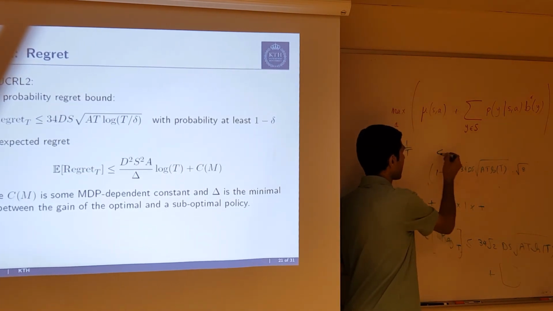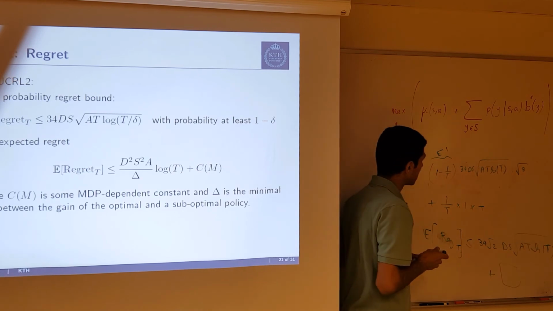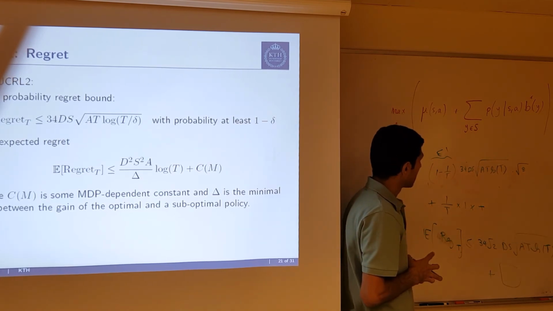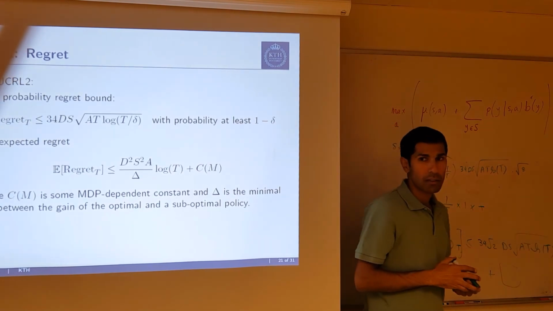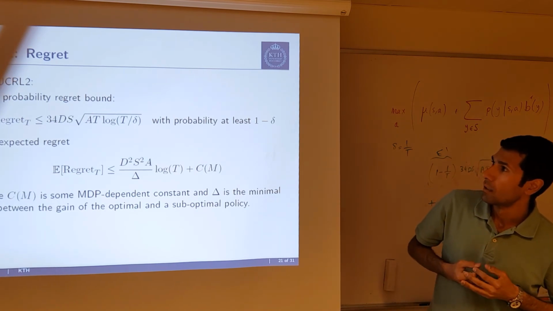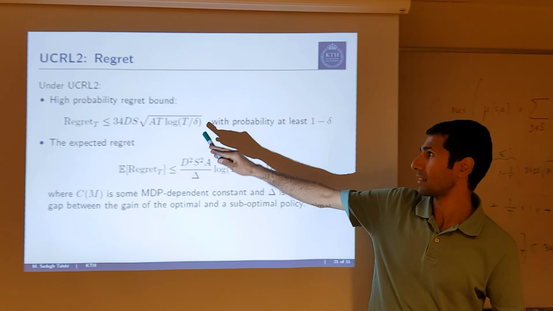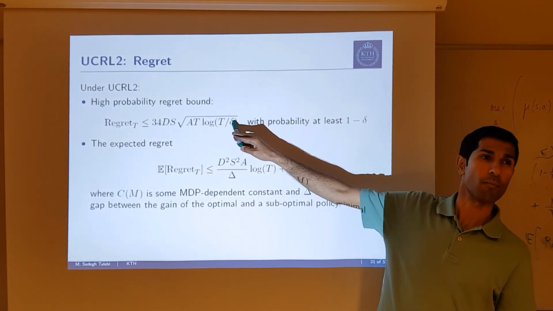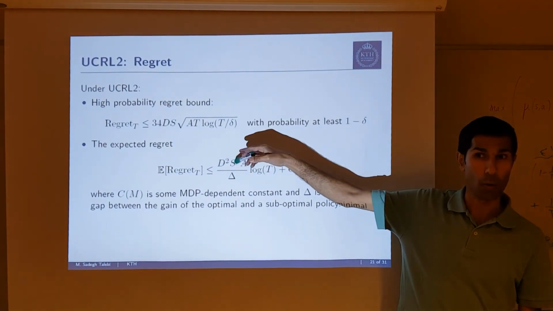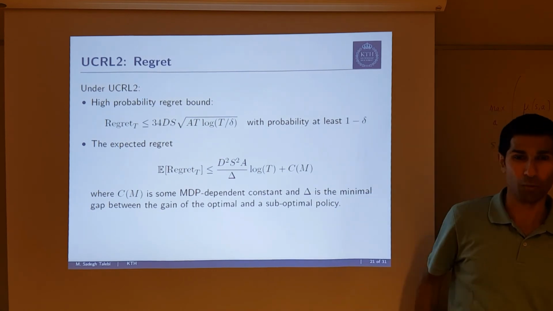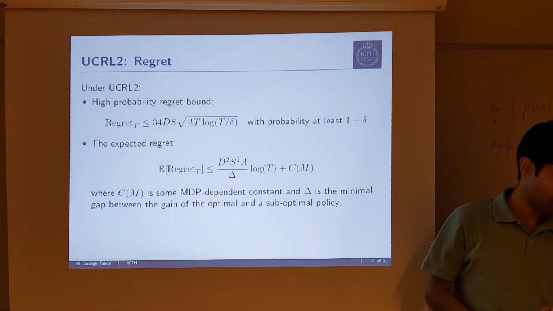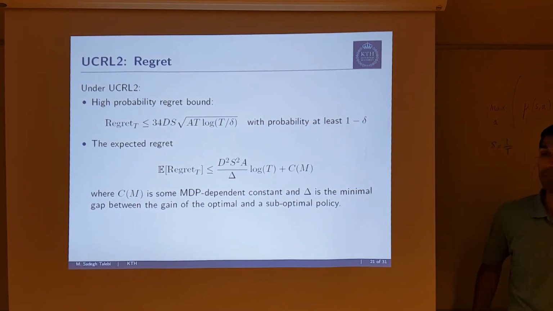And here, this is less than 1. Right? What I'm saying is that as long as this precision parameter delta is in the log, it's safe, for sure.